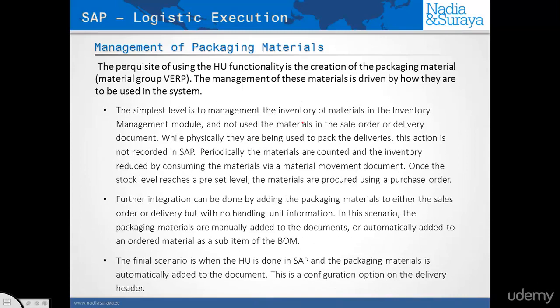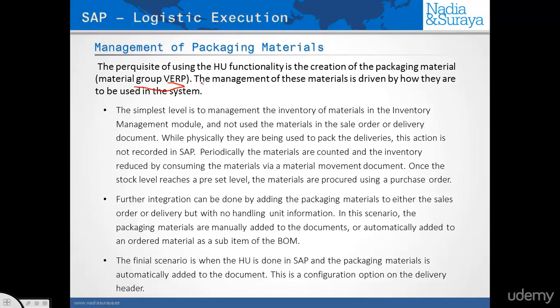So the first prerequisite of using the handling unit functionality in SAP is the creation of the packaging material. And you can know a packaging material is, by default, the material group is VERP. We'll have a look at this in detail in the demo.